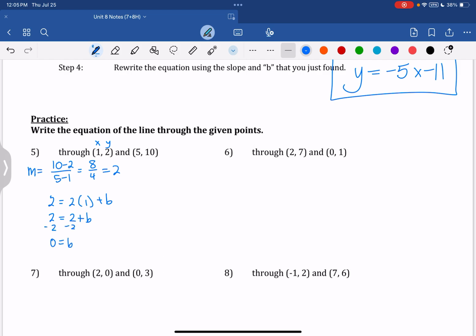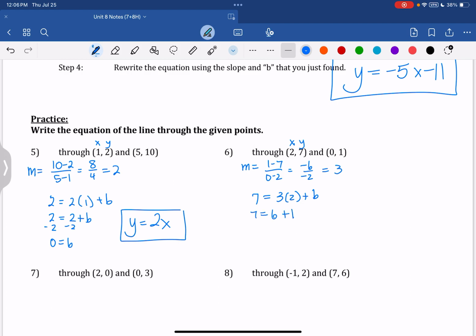So 0 = b. y = 2x + 0. You don't have to write the plus 0. Here, m is going to be 1 minus 7 over 0 minus 2. That's negative 6 over negative 2, which is positive 3. So then 7 = 3 times 2 + b. 7 = 6 + b. 1 = b. y = 3x + 1.